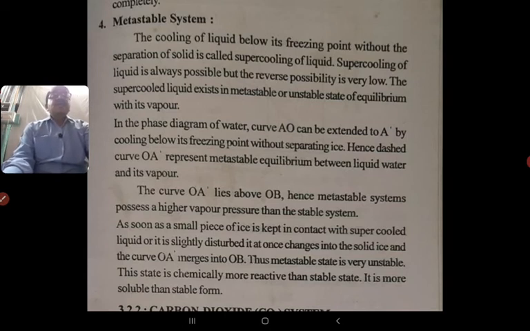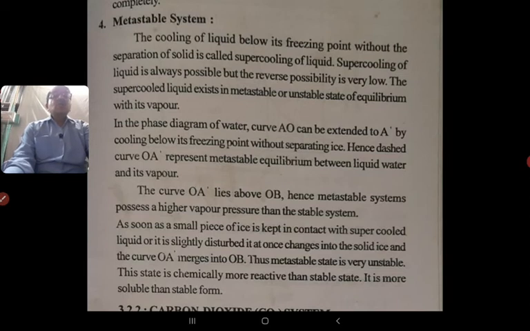In the phase diagram of water, curve AO can be extended to A dash by cooling below its freezing point without separating ice. Hence, the dashed curve OA dash represents metastable equilibrium between liquid water and its vapor.